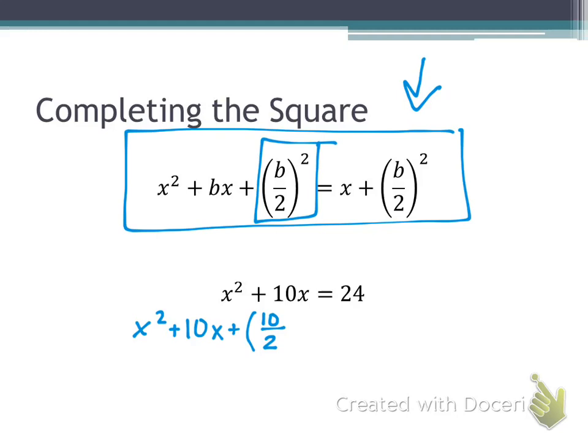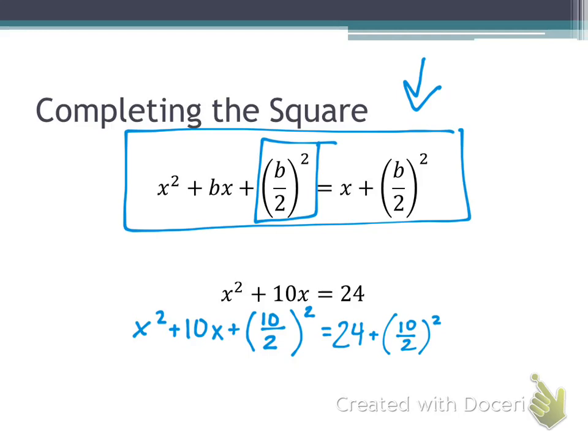That will never change. These numbers will change because your b will be different in almost every equation, but the divided by 2 will never change. And then I take that answer and I square it. Whatever I do to one side, I have to do to the other. So I put 24 plus, and I write the exact same thing: 10 divided by 2 squared.